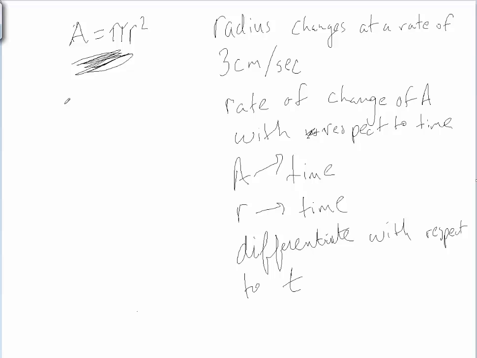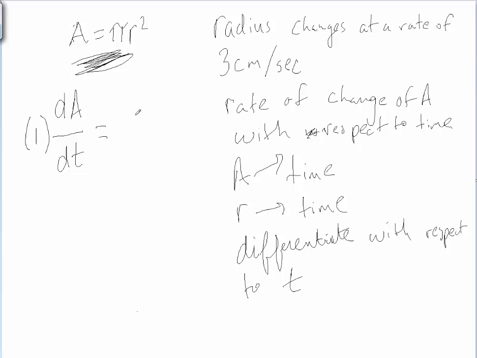So how we do that is, derivative of a is just 1, 1a, derivative is 1, times derivative of a with respect to t.